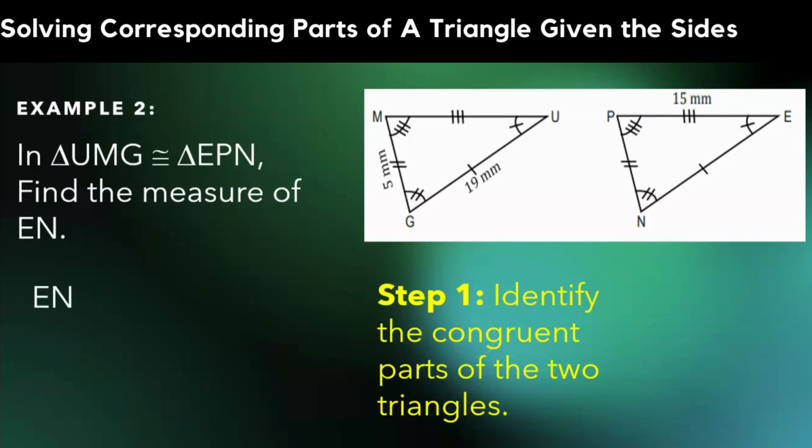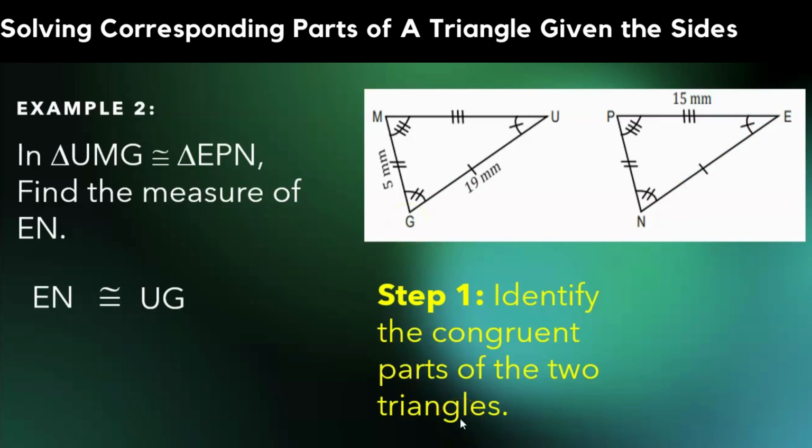EN is congruent to UG. Bakit? By inspection or by looking at the figure, ang EN mo ay mayroong isang marking. Ang UG mo may isang marking. So it only means na ang EN mo ay congruent kay UG.